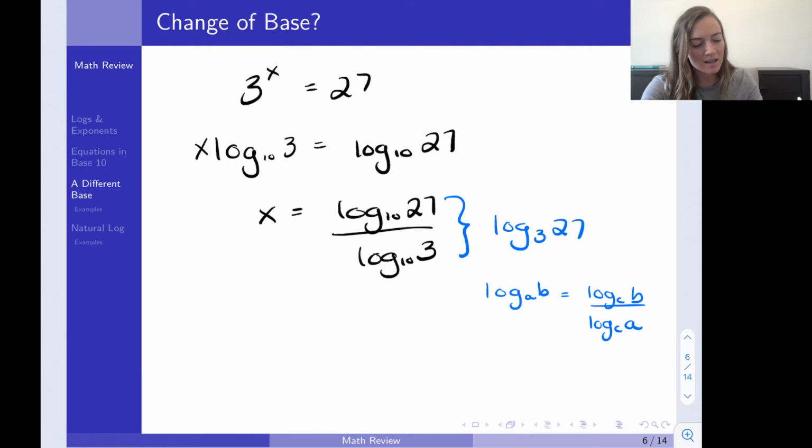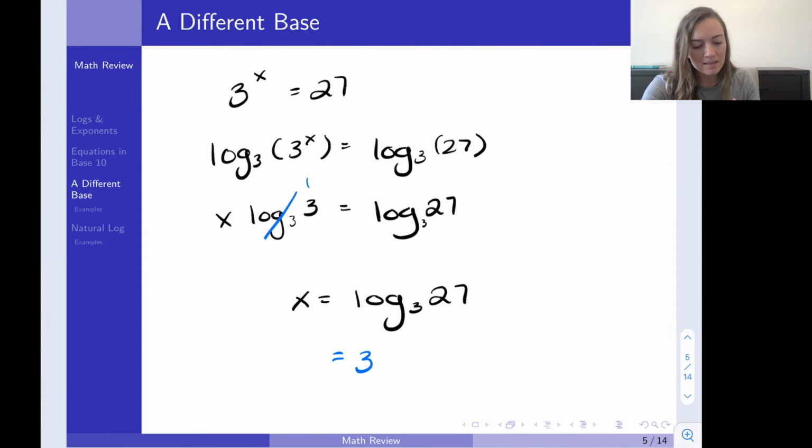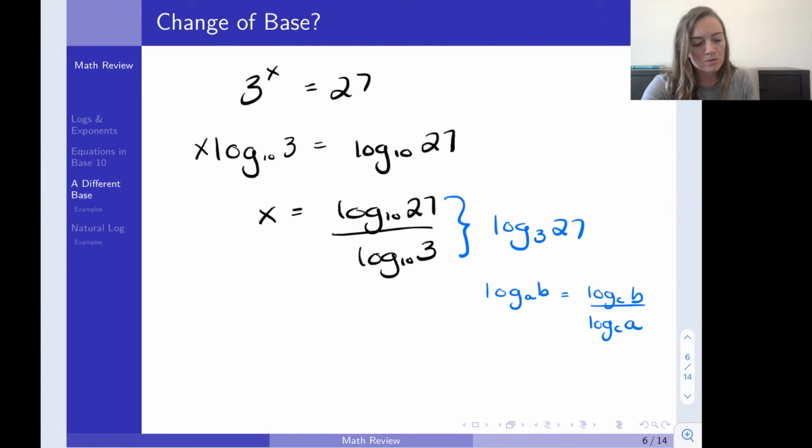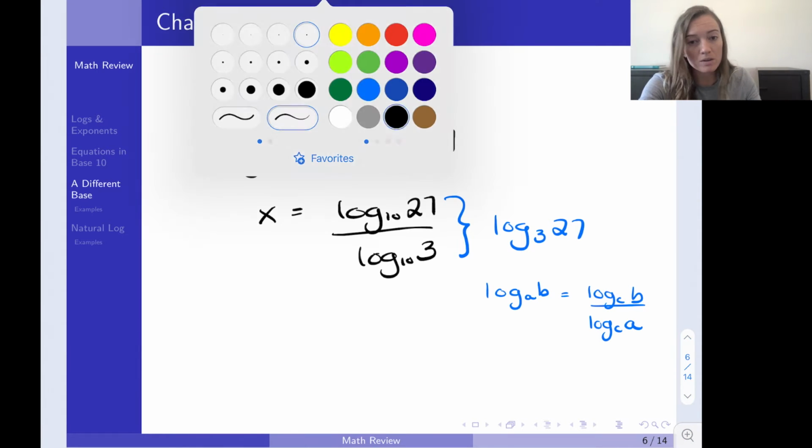The important thing to know is that whether you solve your exponential equation with the base that's the same as the exponent here, and use base 3, or if you use just log base 10, you could use natural log, whatever you want, it will end up being the same thing. So you end up getting to the exact same step, so obviously you're going to get the same answer no matter which way you do it.